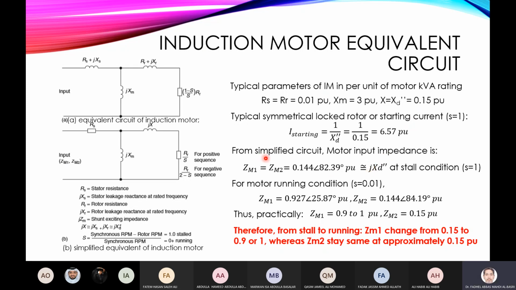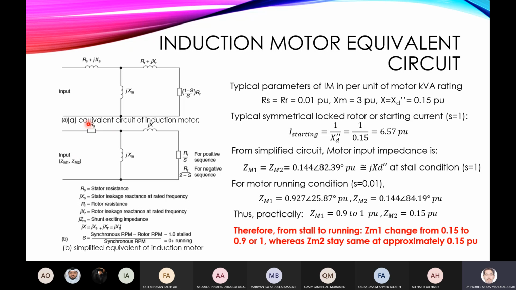Now, from this simplified circuit, we can also calculate the exact input impedance. Suppose, adding these parameters here, I take XM parallel with XJX plus R over S for the positive sequence supply voltage.